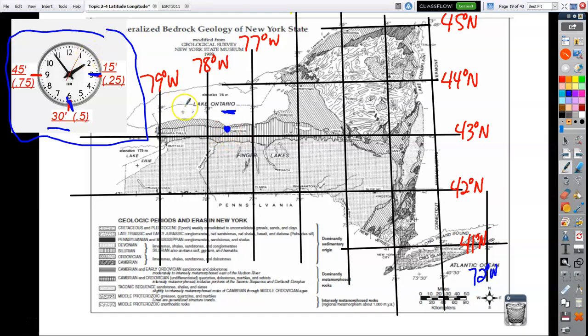But I'm going to think of a clock. Is that a quarter? I might call it 10 minutes, or 5 minutes. So I might call Rochester's latitude 43 degrees and 10 minutes north, just because it's above 43, but it's not quite half, it's not quite a quarter, it's in between. So I might use 10 minutes, approximately.